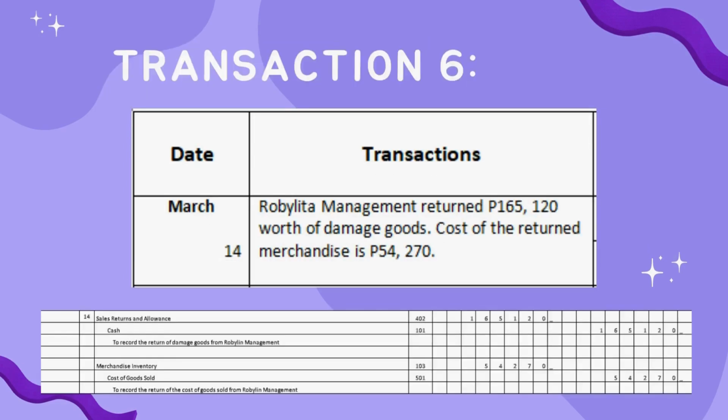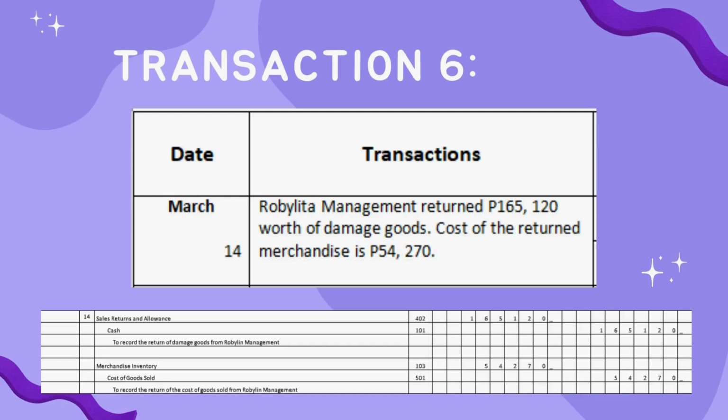Transaction 6, March 14. Robilita Management returned 165,120 pesos worth of damaged goods. Cost of the returned merchandise is 54,270 pesos. In the General Journal, sales returns and allowances will be debited with 165,120 pesos and cash will be credited with 165,120 pesos.